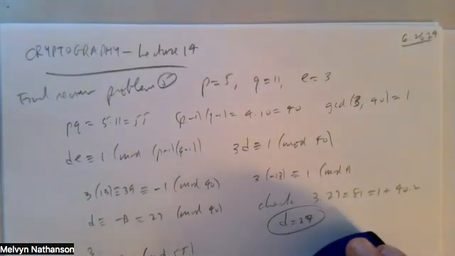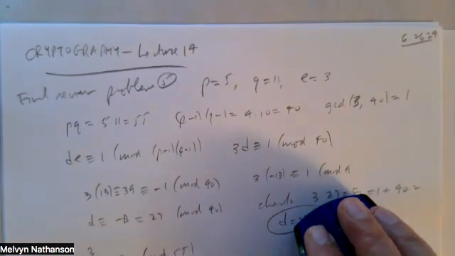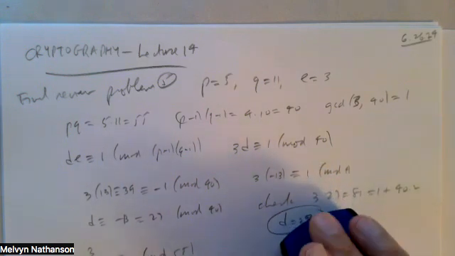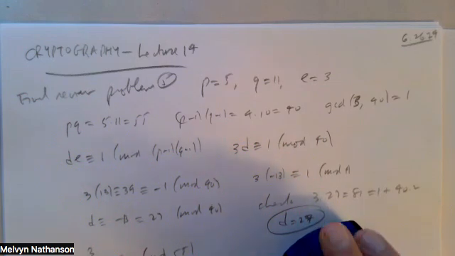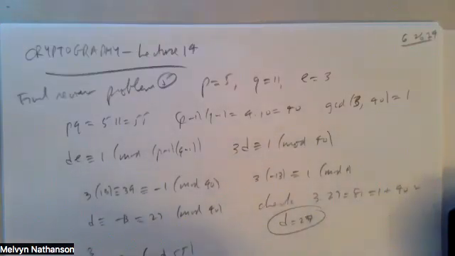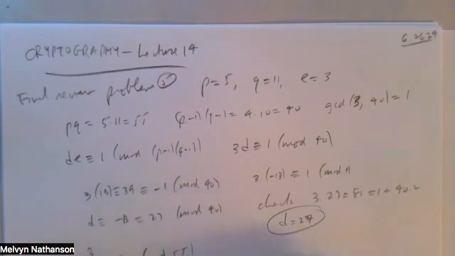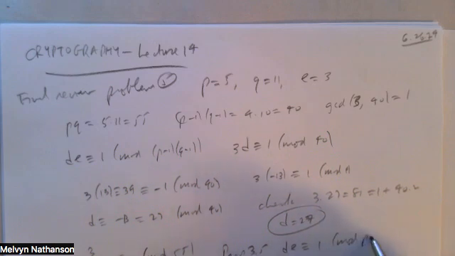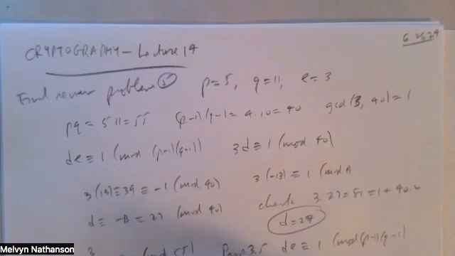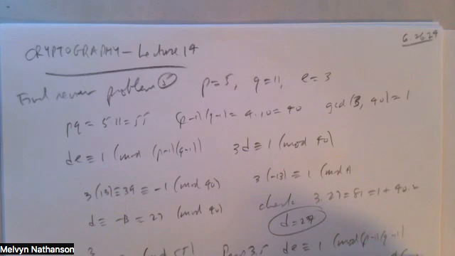So let's see, what is proposition 3.5? Proposition 3.5 says that if DE is congruent to 1 mod P minus 1 Q minus 1, then the congruence x to the E congruent to C mod PQ has the unique solution x congruent to C to the D mod PQ.